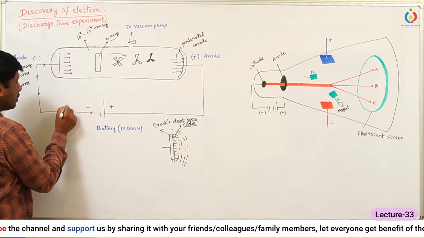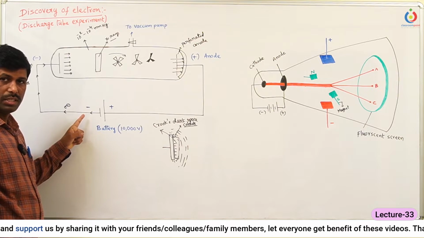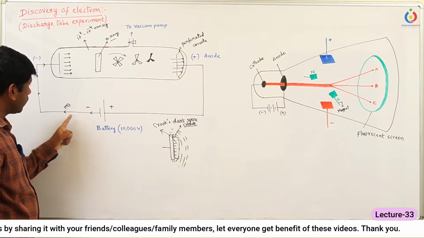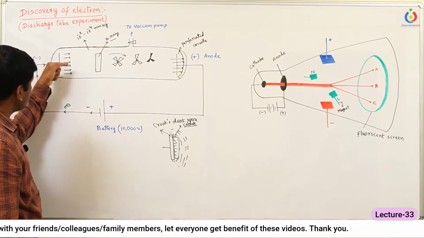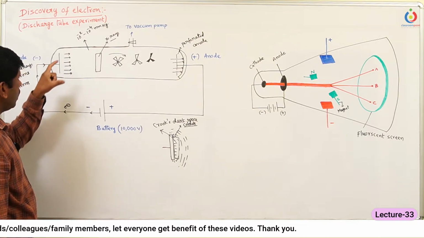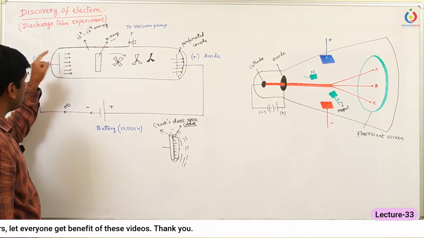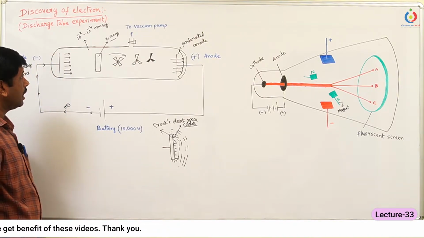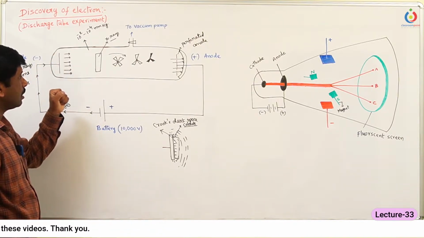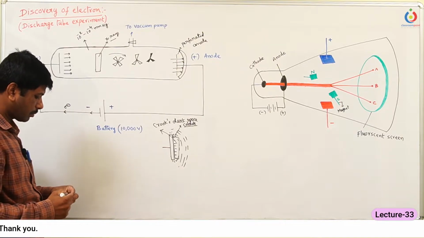Those electrons pass through the cathode, that's why the generation of the cathode rays does not depend upon the nature of the metal used for the electrode or the type of the gas taken in the discharge tube.